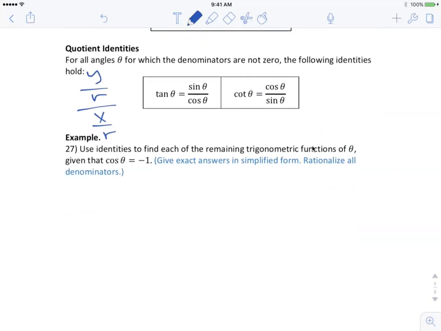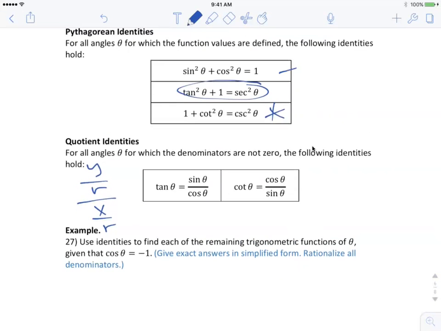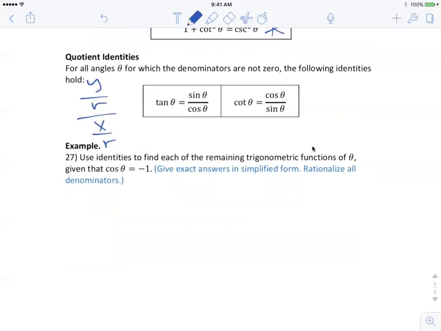Try using these identities to find all of the remaining 6 functions of theta, given that cosine theta is -1. Okay, so let's see if we can do that. And we're just going to use identities, right? One thing I can look at is this first identity. If I know cosine, I can find sine with that identity, right? So I would have sine squared plus cosine squared.